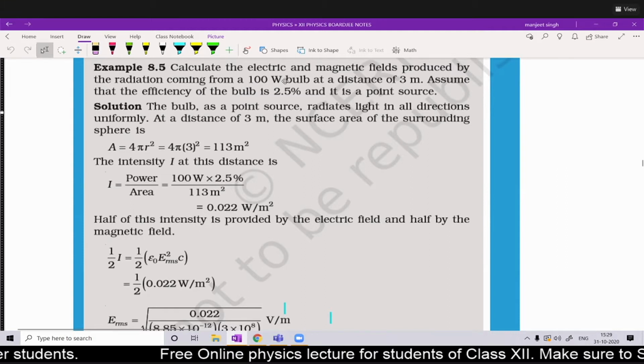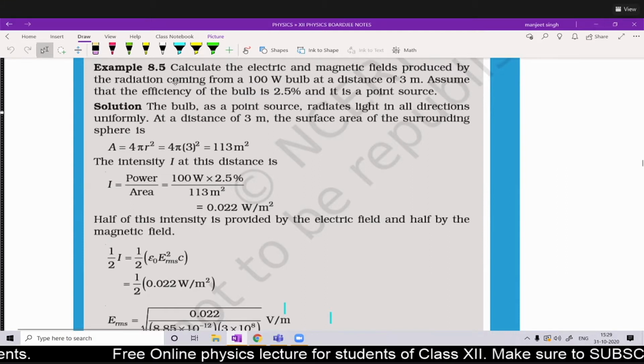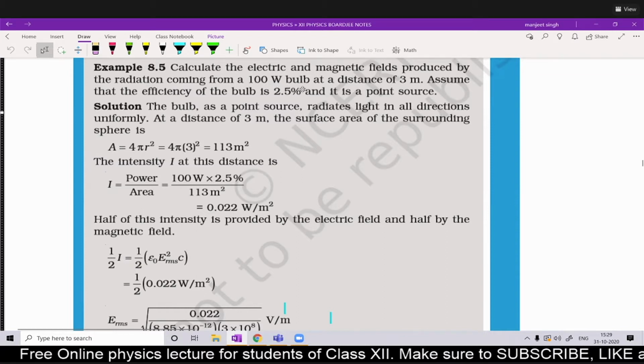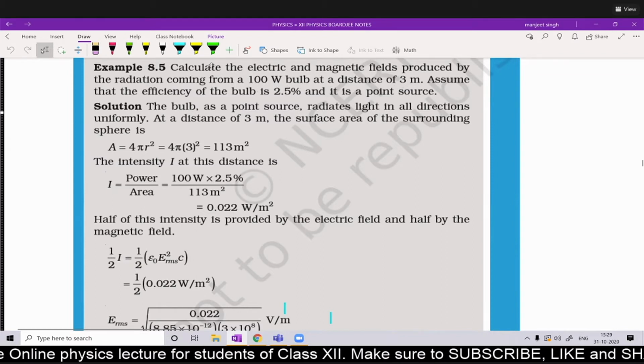calculate the electric and magnetic fields produced by the radiation coming from the 100-watt bulb at a distance of 3 meters.